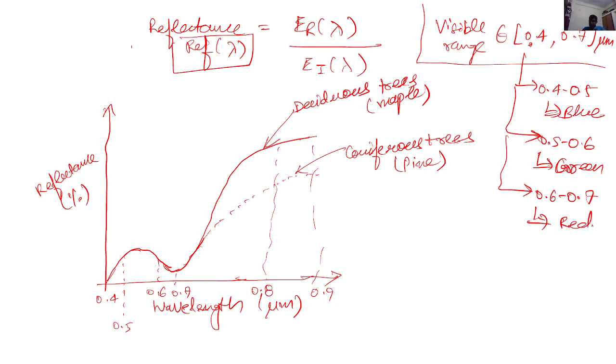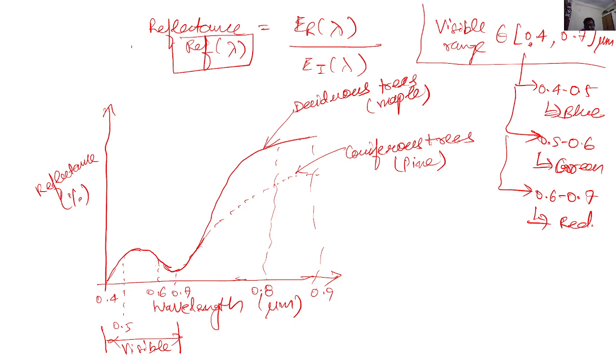Okay, so this is the visible range, 0.4 to 0.7, the one which we human beings can perceive with our naked eyes. We also see that the highest reflectance in the visible range is observed in the green band, and that is why we see the leaves or the trees to be green in color.